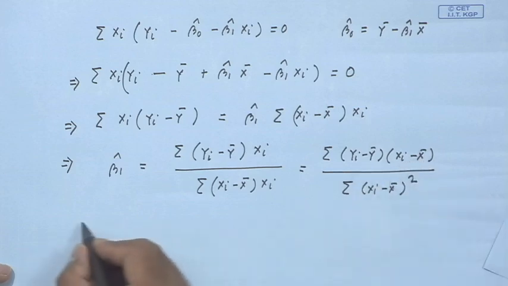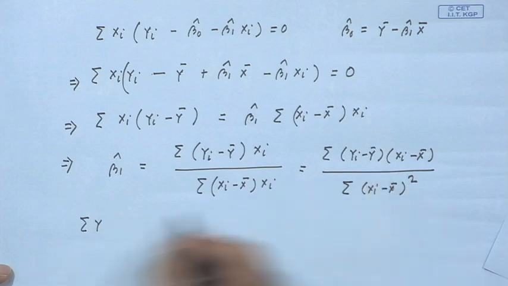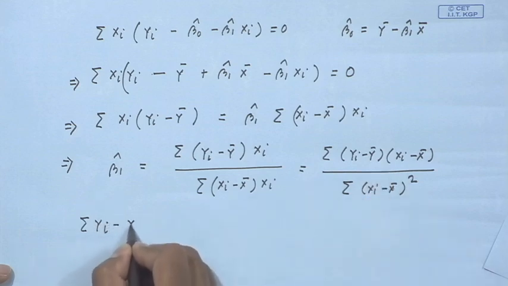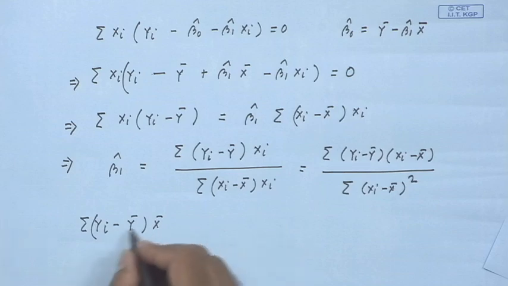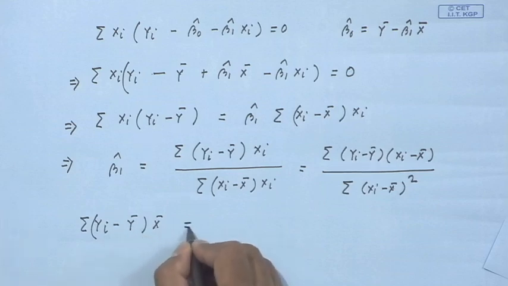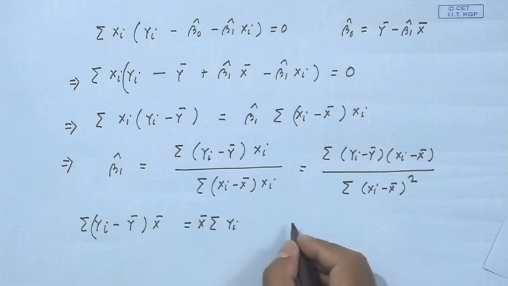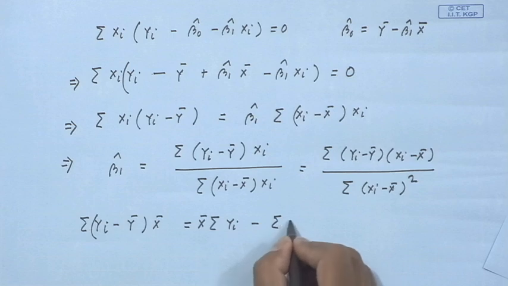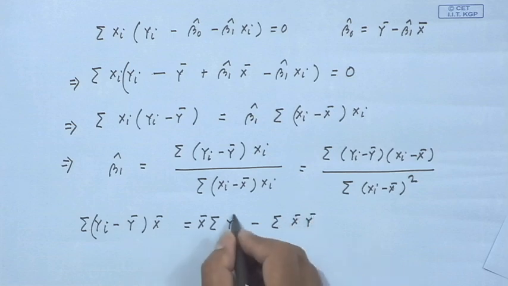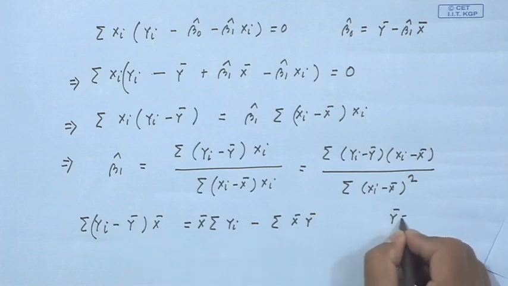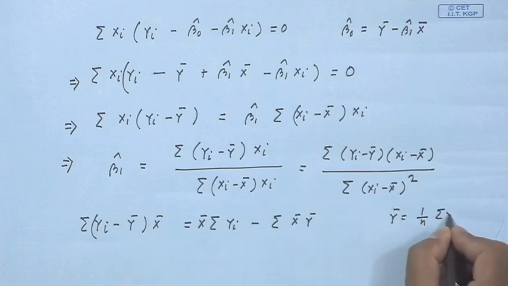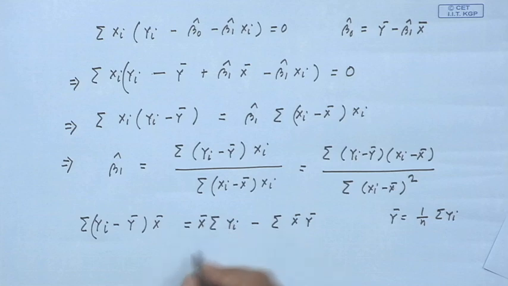What I have done is that I have added a term here. I can prove that summation y I minus y bar into x bar is 0. Let me prove that this is equal to summation y I x bar minus summation x bar y bar, and if I write y bar is equal to 1 by n summation y I, so summation y I can be written as n into y bar.